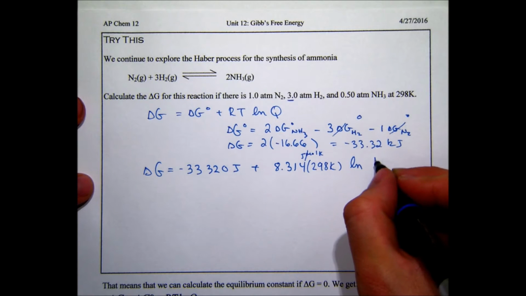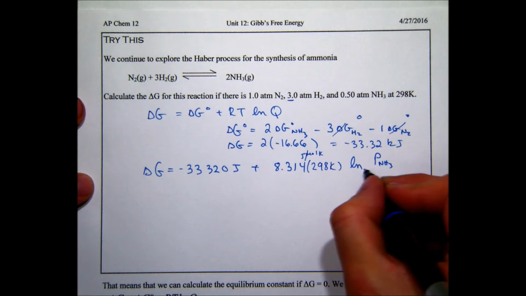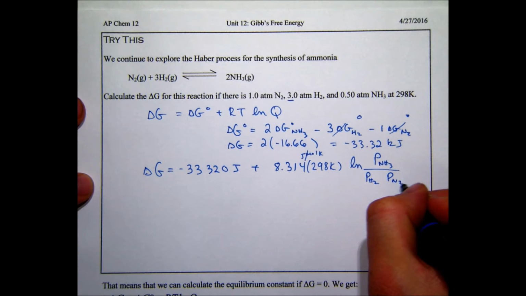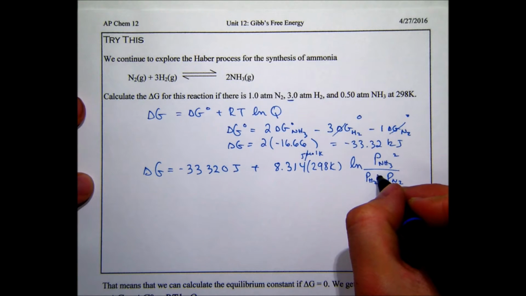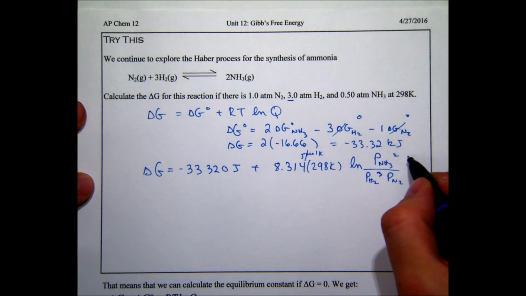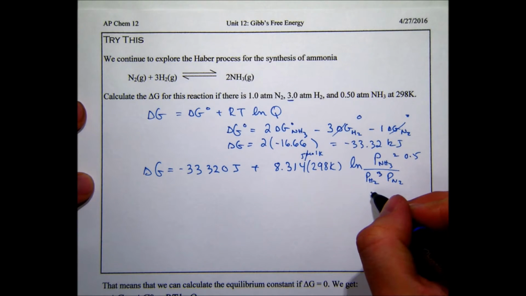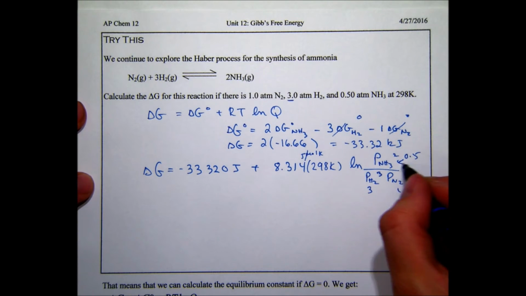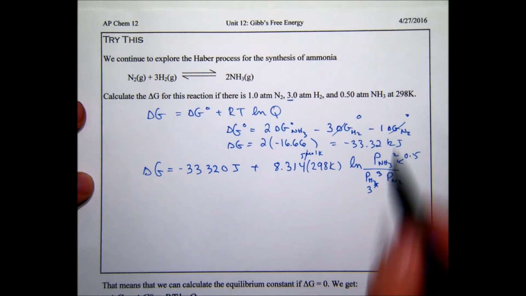So in this case we have PNH3 squared over PH2 cubed times PN2. Make sure we get our exponents in there. For ammonia we have 0.5, for hydrogen we have 3, and for nitrogen, we have 1. So we're just going to plug those variables in from up here.